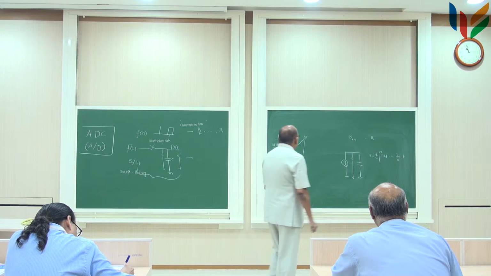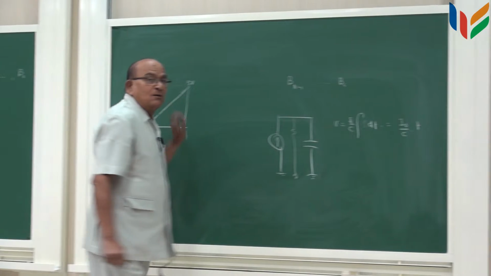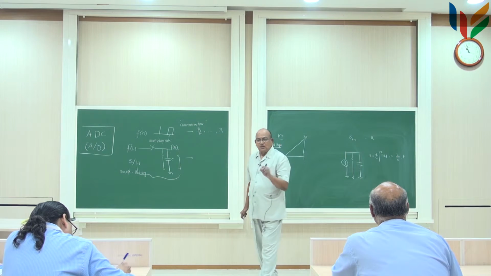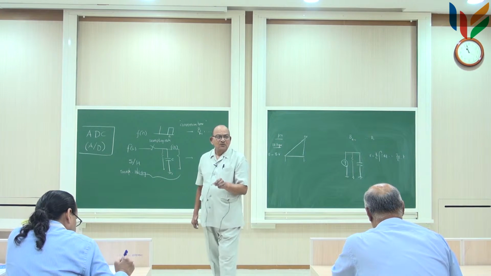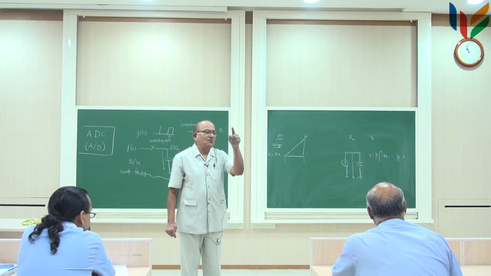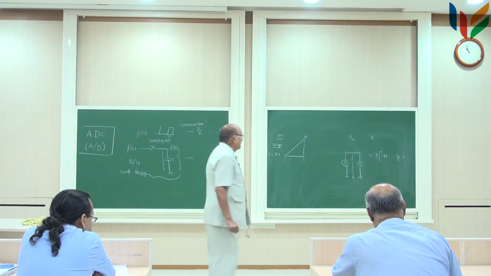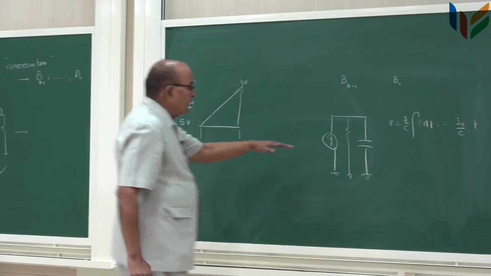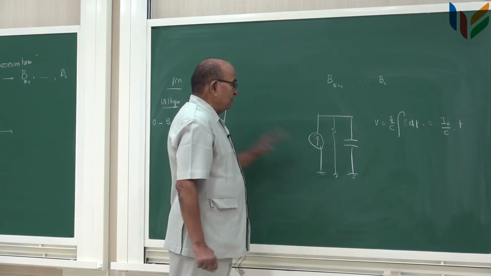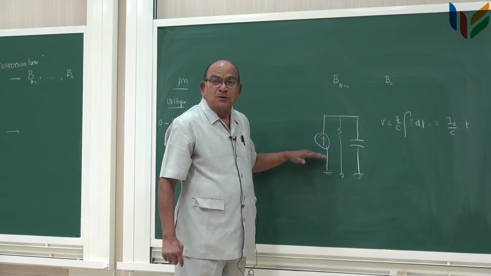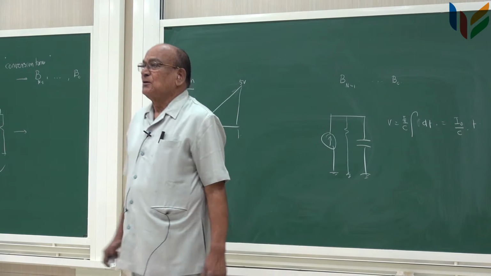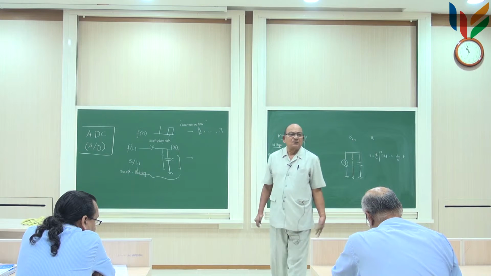So, that is how we generate this waveform. I will give you another technique as we go along to get a better sawtooth waveform which is linear, but right now accept it. Most of the ways to generate a sawtooth waveform use this principle of charging a capacitor using a linear ideal constant current source.